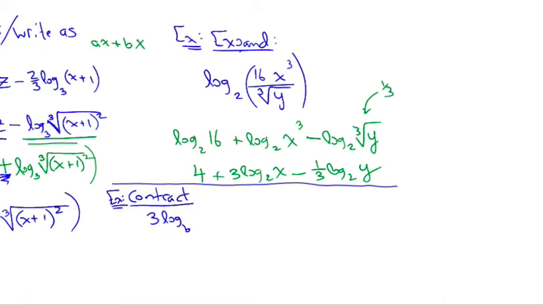3 log base b of, I'm trying to think of a good one, x, minus 1/2 log base b of y minus 1, plus 4 log base b of z.